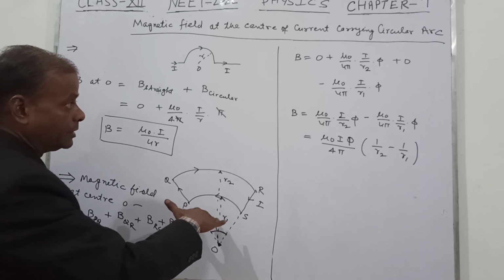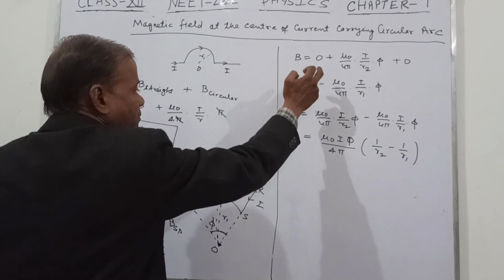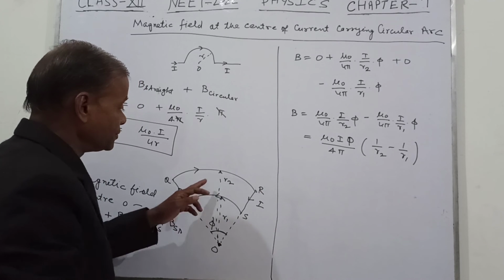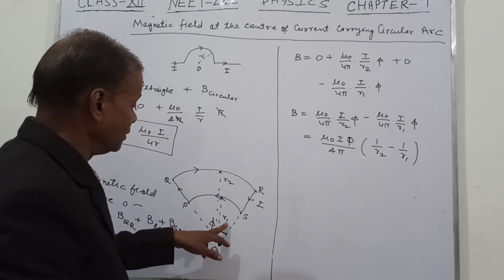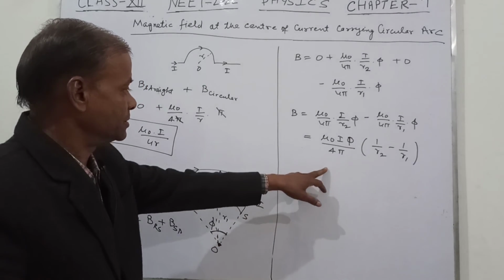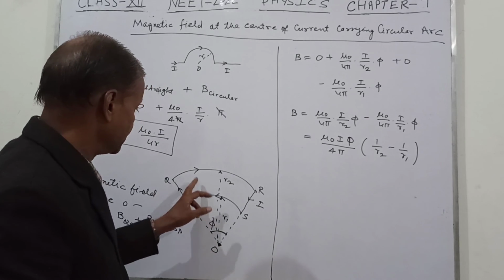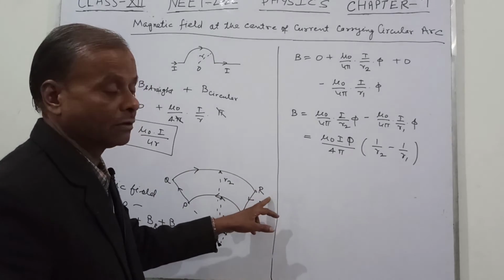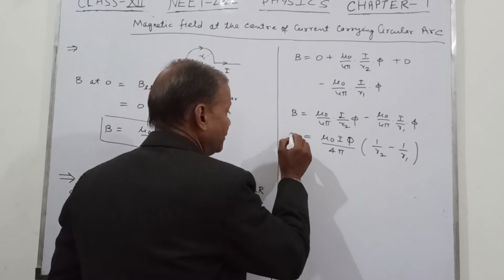So this will be inward and this is outward. So definitely you will see that the value of this R1 is more than this, because of this QR. So this is now the magnetic field B.